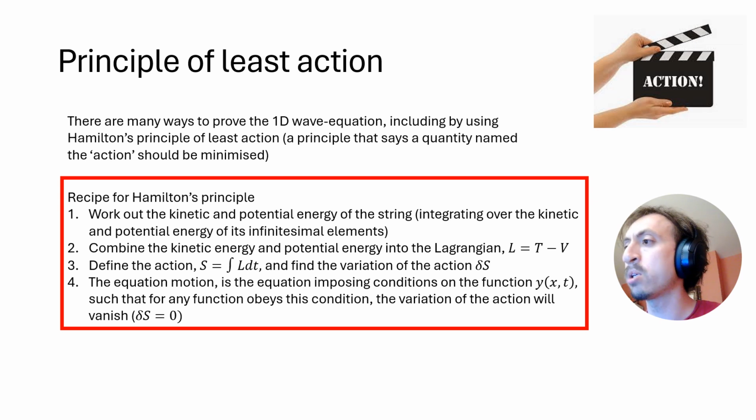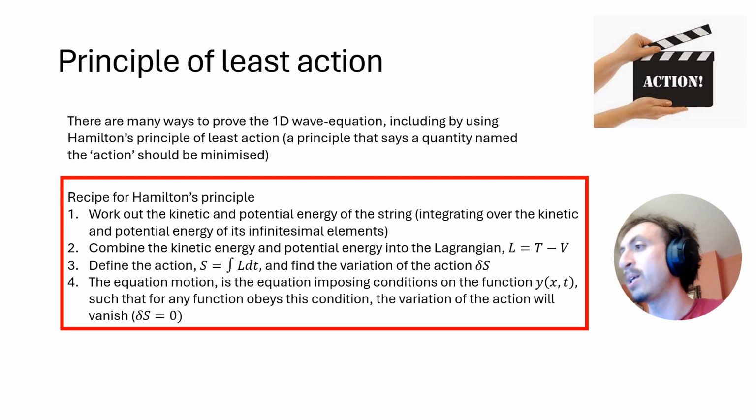But to get to the action, we have to find the kinetic energy of our string, we have to find the potential energy, we have to take them away from each other. But because our string is a continuous object, we have to do a trick of considering the string being made up of an infinite number of tiny, technically infinitesimal segments, where each segment is acting like a particle and therefore following very familiar rules about kinetic and potential energy defined for point particles.